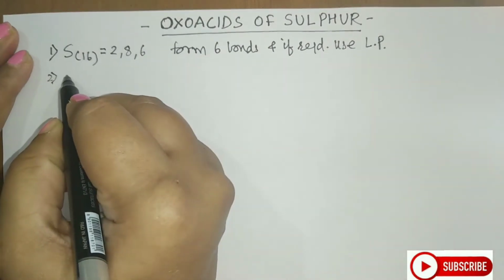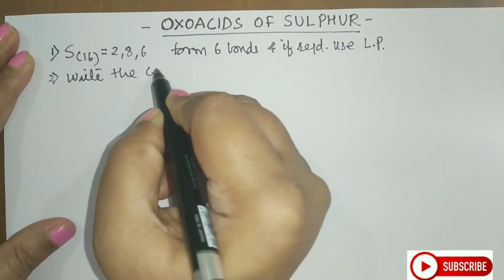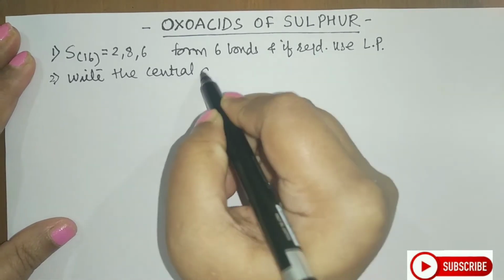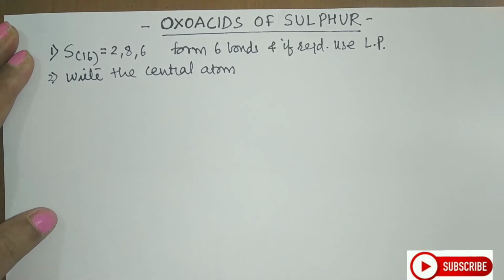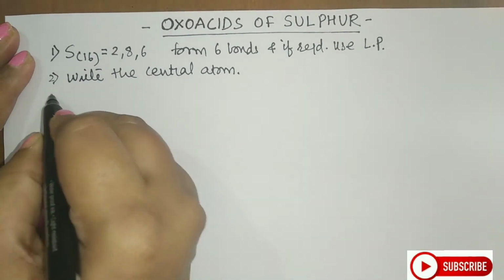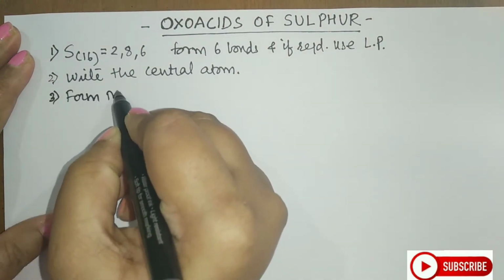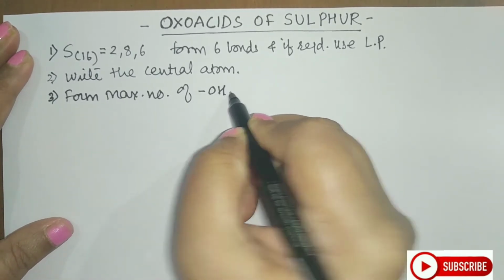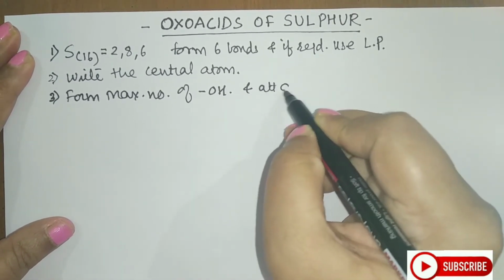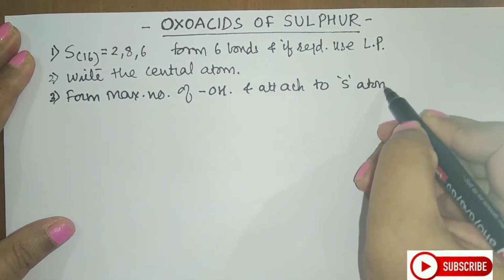Rule 2 is you have to first write the central atom. Now students, as we are studying the oxo acids of sulfur, in all the examples I'll be taking, the central atom will be sulfur. So write the central atom. Next, third is you have to form the maximum number of OH groups and attach them to the sulfur atom.